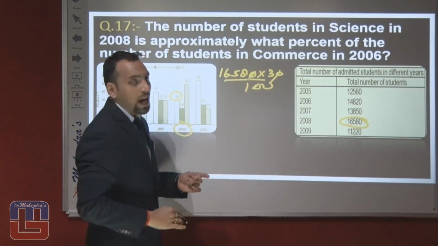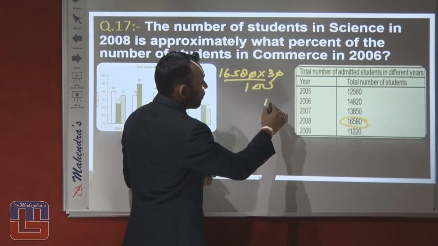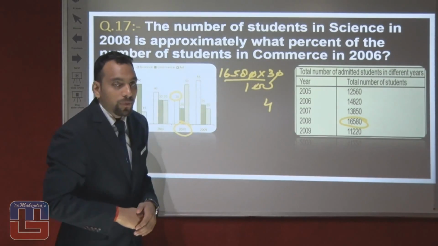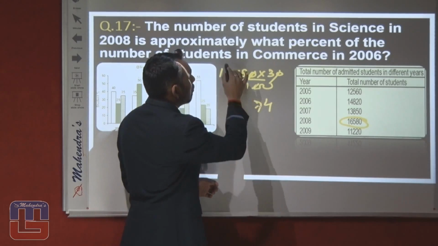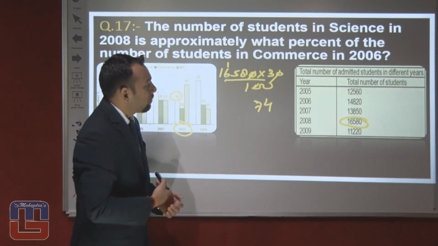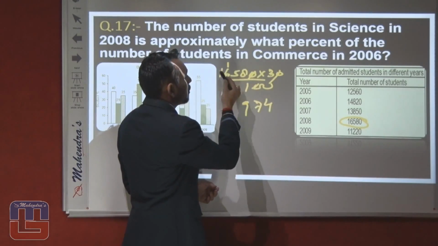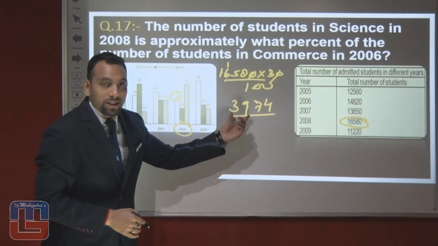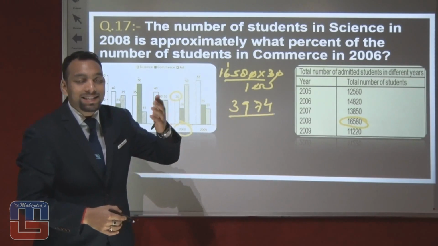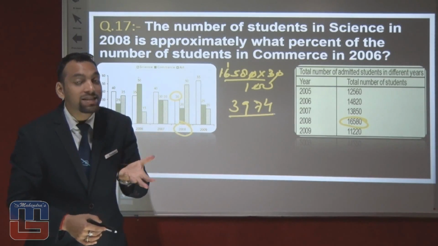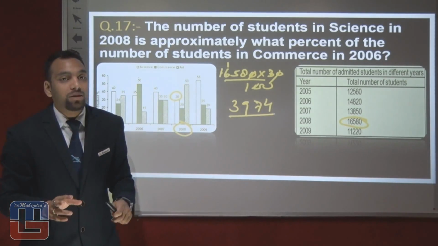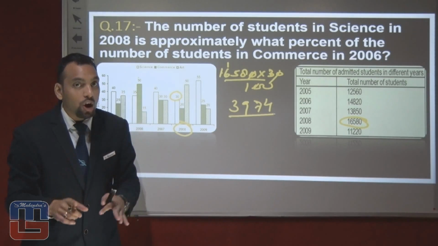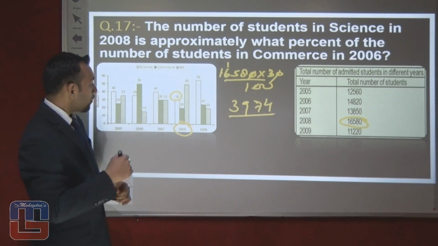So here directly we can say that 4974. But this is the number of students in science in 2008. It is approximately what percent of the number of students in commerce in 2006.